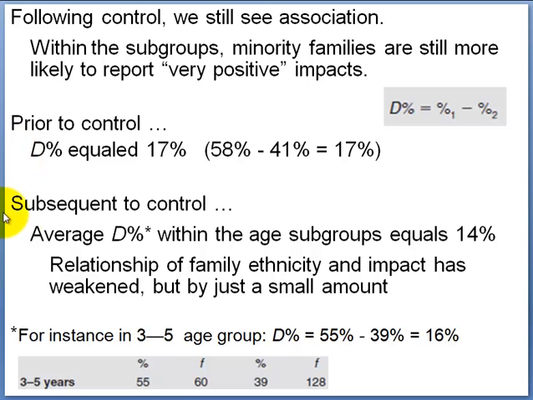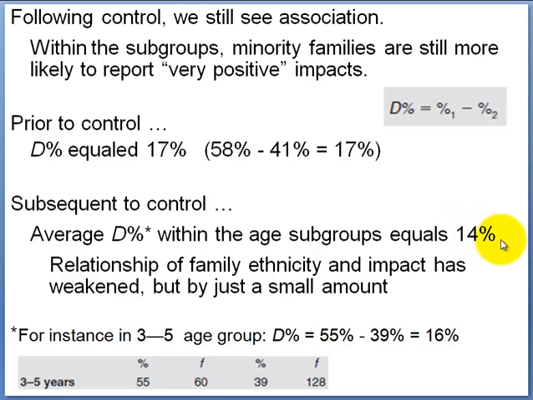Subsequent to control, that is within each subgroup, I calculated the average difference in percentages. For instance, here's the 3 to 5-year-old group, and for this group the difference in percentages was 16%. The average difference in percentages across all 5 groups came to 14% following control for age at entry.